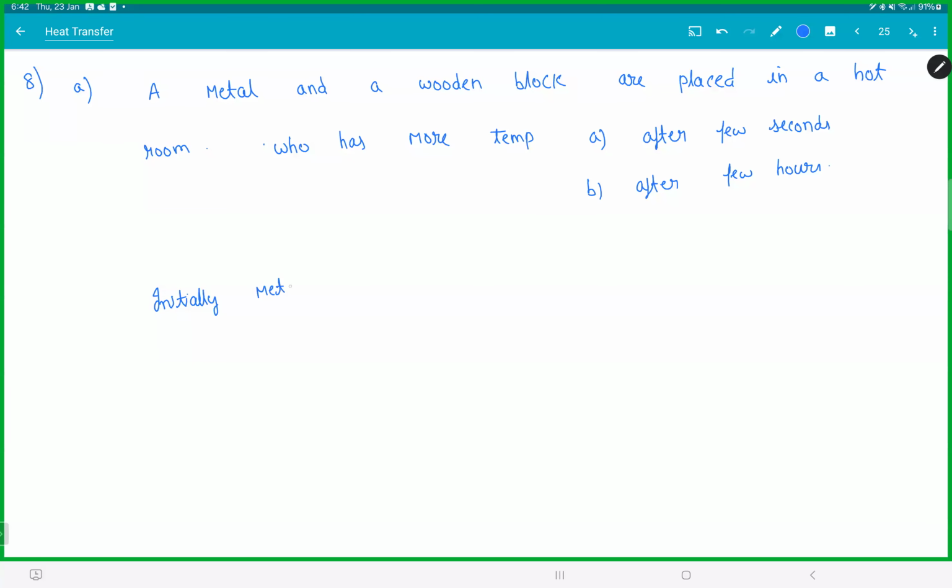It also will reach the room temperature. So initially, metal absorbs heat faster since it has high conductivity, and finally reaches room temperature. You cannot exceed your room temperature.